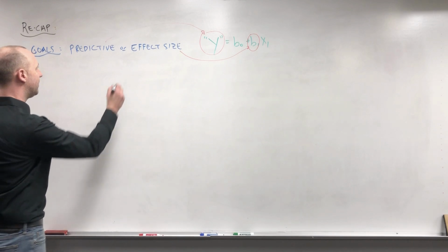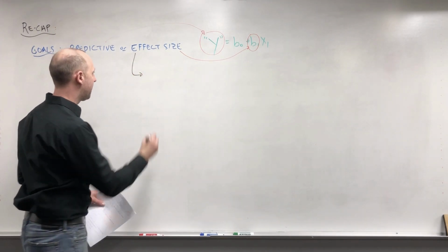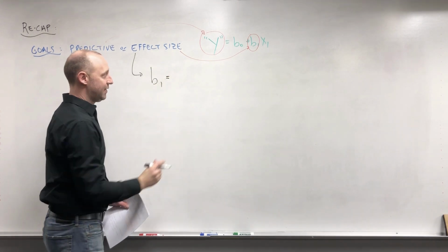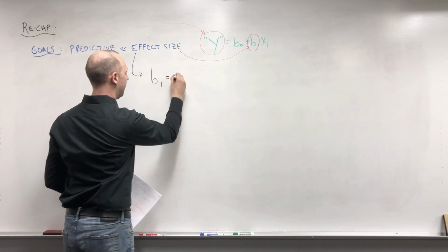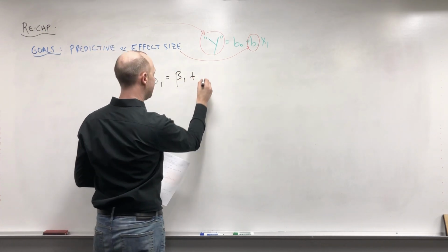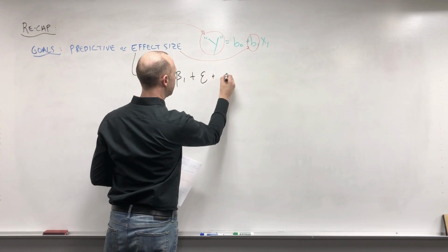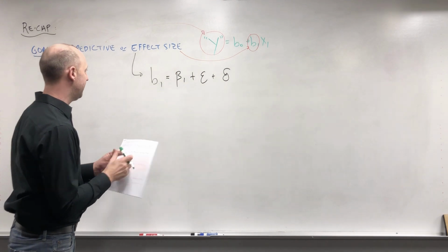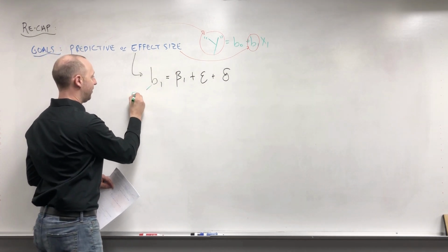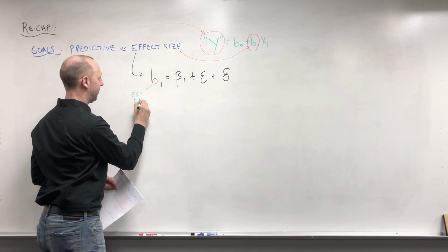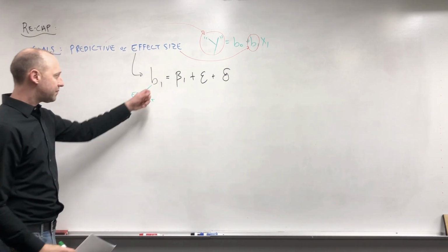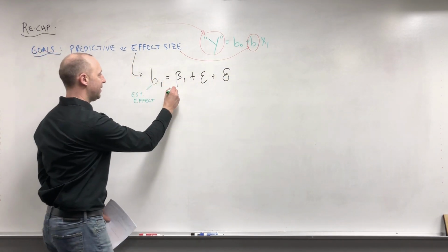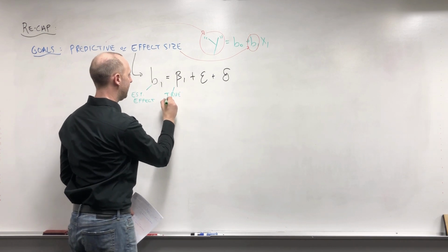So we talked about, in an effect size model, at B1, right, the estimated effect that x1 has on the outcome is beta 1 plus some error plus some bias. And again, let me add in the words for the notation here. Our estimated effect, what's the estimate of the effect that x1 has on y from our sample, is going to be equal to the true effect.